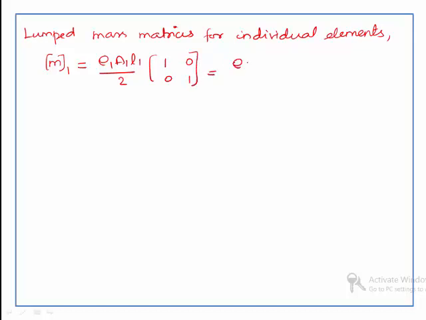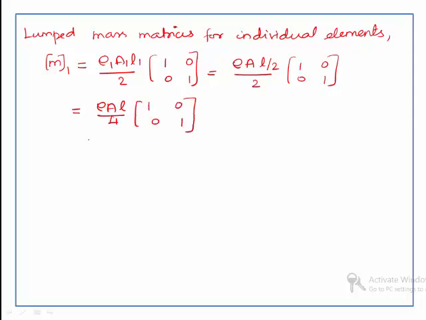So rho 1 is rho, A1 is A, L1 is L by 2, which gives rho A L by 4 times [1 0; 0 1]. All the values are the same for the second element, so the M2 matrix is also rho A L by 4 times [1 0; 0 1].